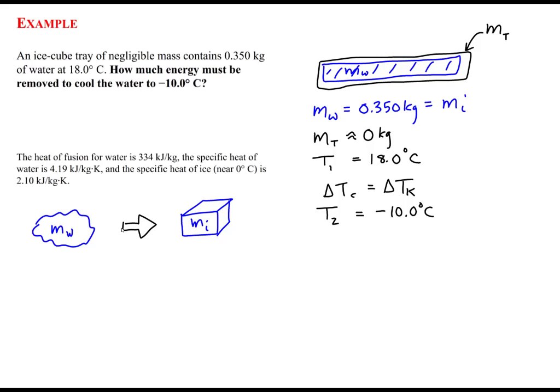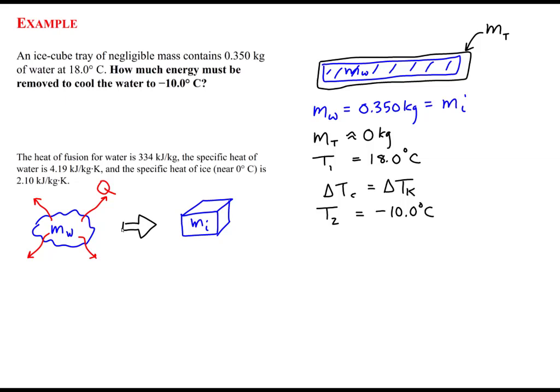In order to transform from water into ice, the water is going to have to lose some energy. So we will consider this amount of energy that needs to be lost. I'll just call that Q for the energy to be lost to the environment.